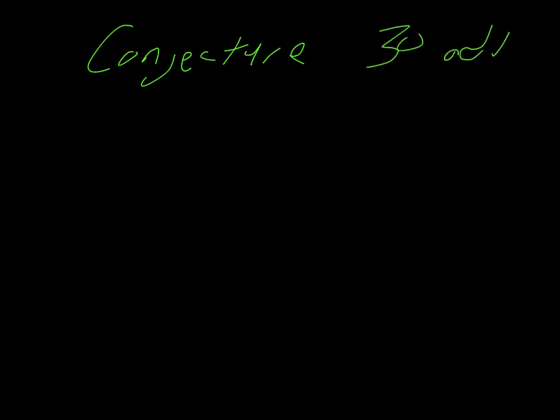So in our next example, we want to actually make a conjecture. I want to make a conjecture about the first 30 odd numbers. And we know that if I've got 1, that's just going to equal 1. I think the next one on your paper is 1 plus 3, and that's going to equal 4.